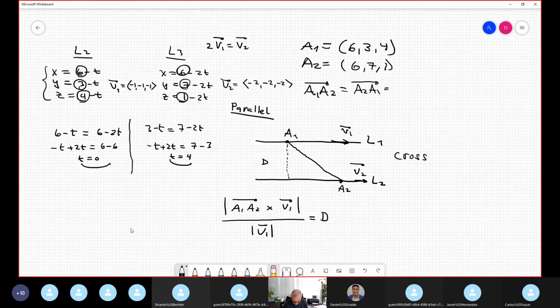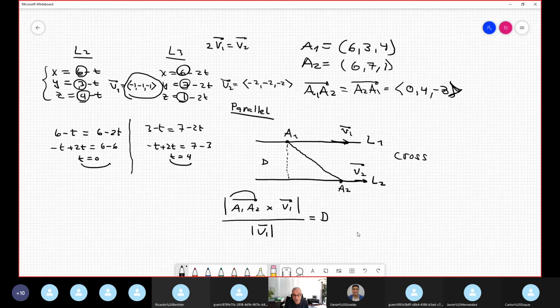You're subtracting the components. Entonces, subtracting the components es obvio que es 0, es 4 y es negative 3. Okay, es 6 minus 6 is 0, 7 minus 3 is 4, and 1 minus 4 is negative 3. This is my famous angular bracket vector. The rest, you know. Who is B1? This is B1.